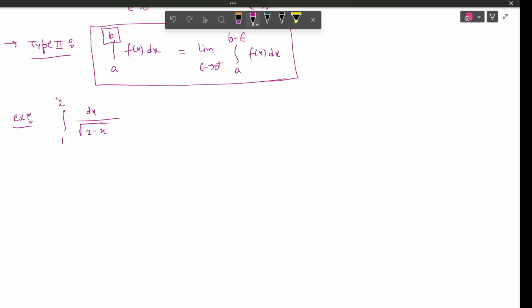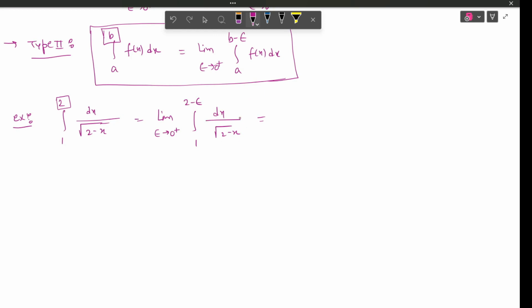So we have a point of discontinuity at the upper limit. So we can write this integration as limit epsilon tends to 0 plus integration 1 to 2 minus epsilon dx by square root of 2 minus x, subtracting the small positive quantity because the discontinuity is at the upper limit.